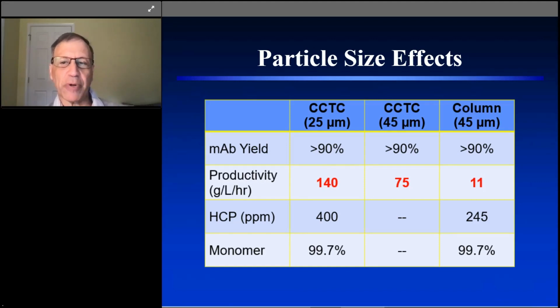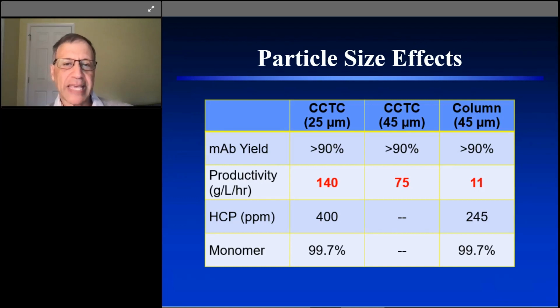In this case, we were comparing a column with 45 micron particles to our continuous system with 45 micron particles, and then our continuous system with 25 micron particles. They all provided very similar yields of antibody and similar reduction in host cell proteins, but the big difference is in the productivity.